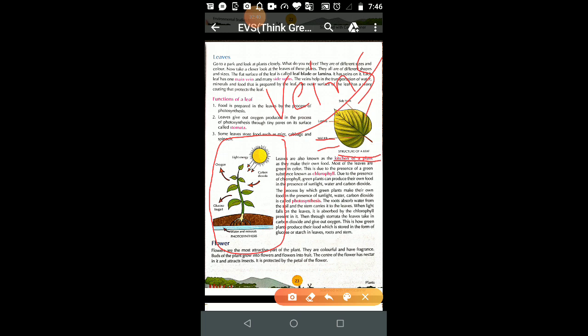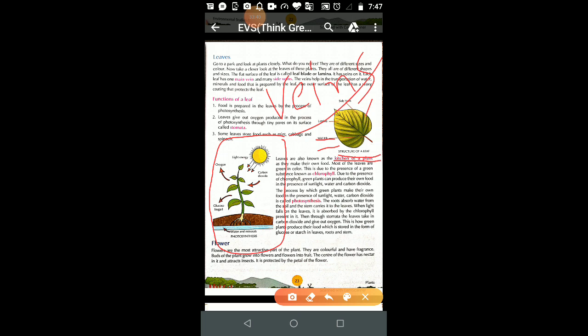And do you know student, the process of food production in the leaves, the food made by the leaf, is in which form? It is in the form of glucose.